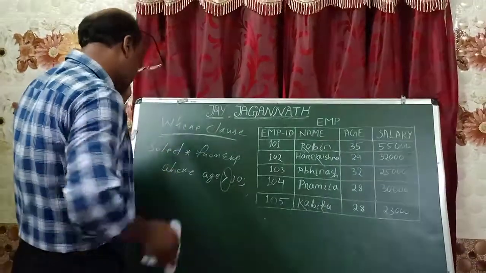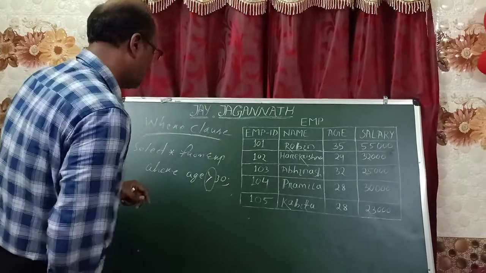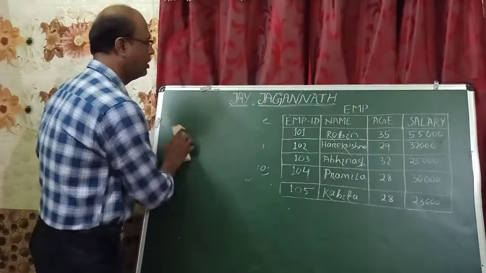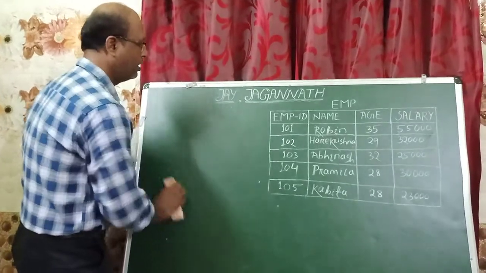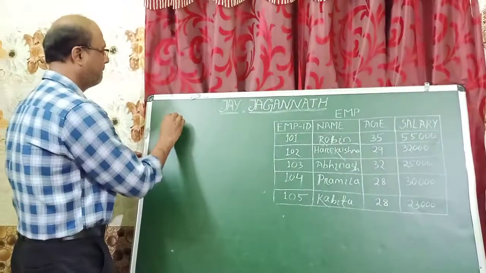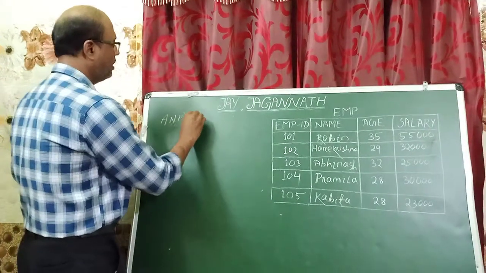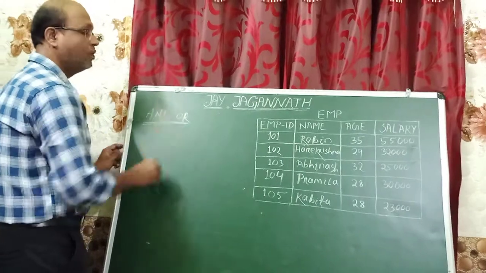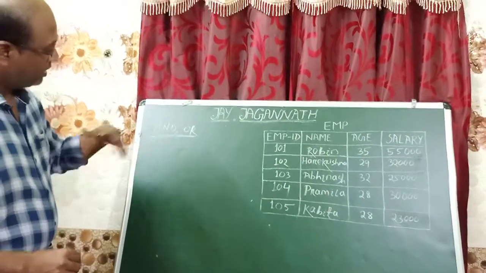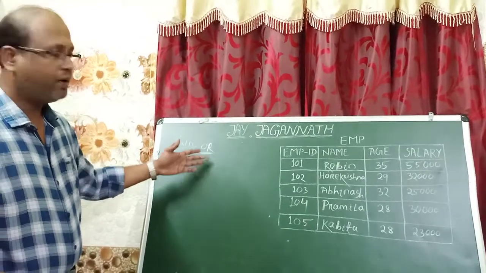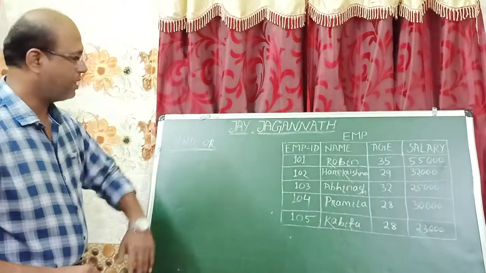In the where clause you can use some logical operators like and, or, and not. When can we use the AND operator and when can we use the OR operator?